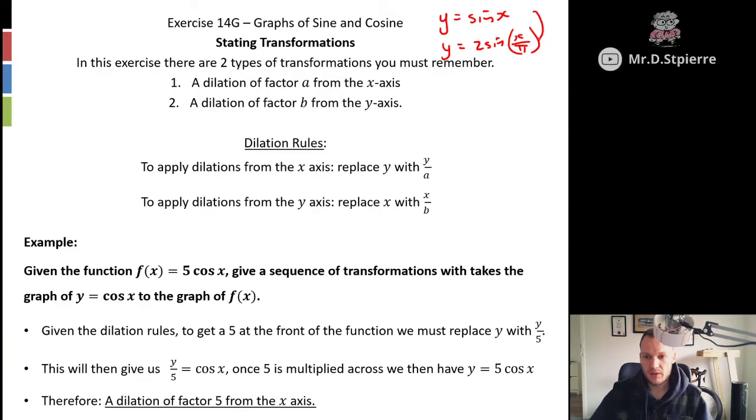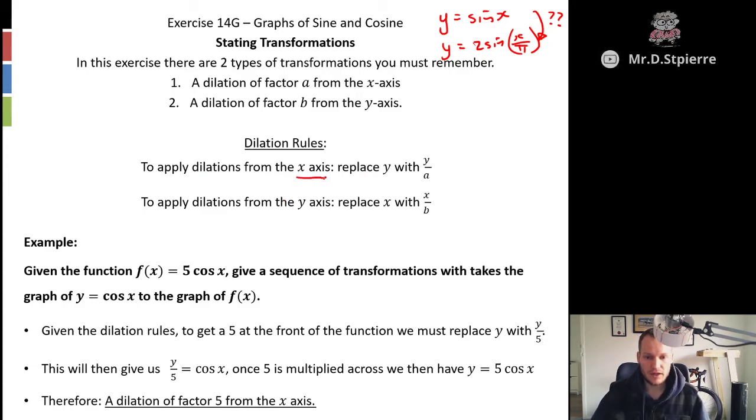What are the transformations that we need to apply to get a function that reads like that? Okay. And there's a couple of rules that you could do this using the dash method, but with sin and cos, the dash method is a fair bit harder, so we can do this just through inspection using these rules.